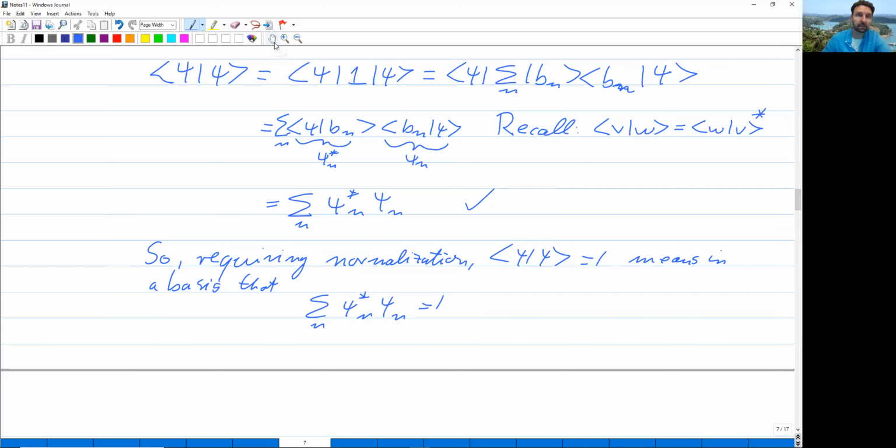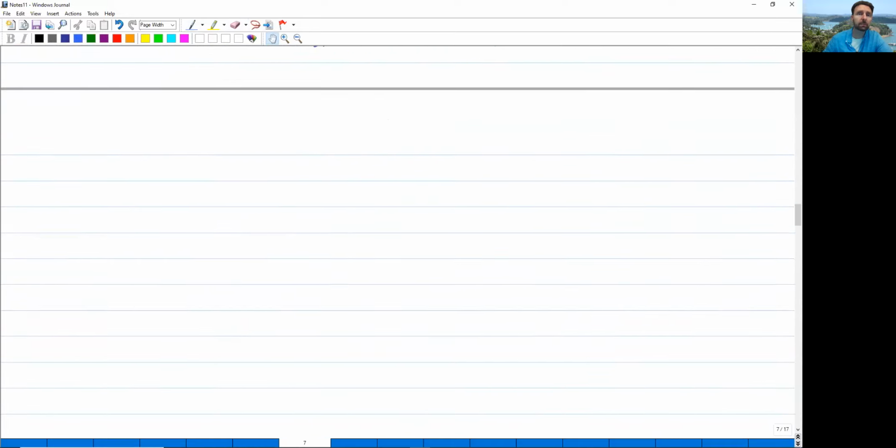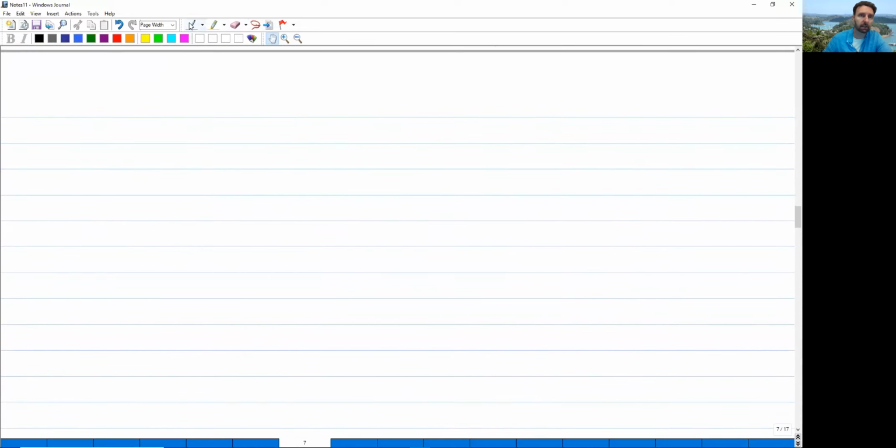It also means that the Hilbert space condition takes a similar form.